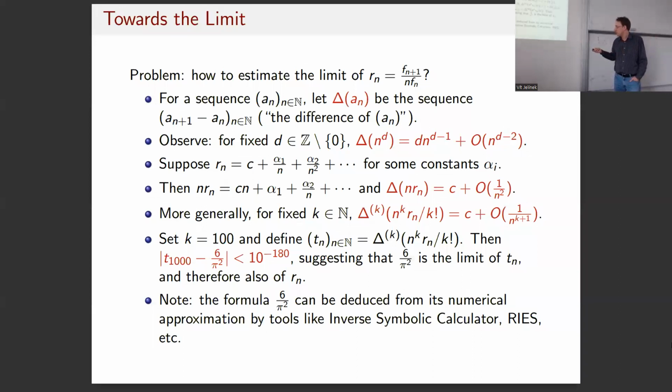For instance, there's an online inverse symbolic calculator, there's a computer program like this, and many others possibly. So this is how Zagier figured out what the correct asymptotic of Fishburn numbers is before he could prove it.